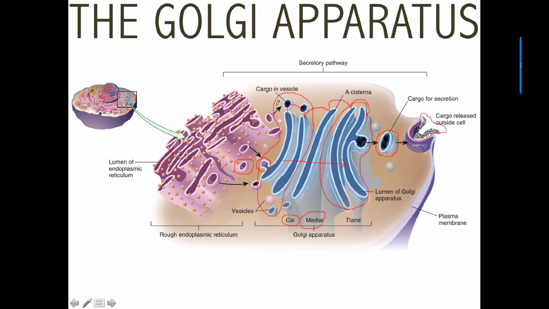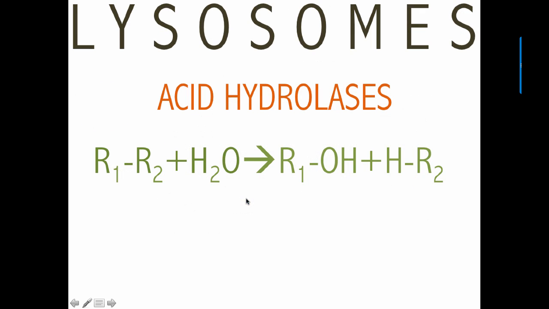Now, not everything that enters the Golgi is destined to be secreted like we're seeing here. Some materials will be packaged into vesicles and kept inside the cell. Other vesicles will leave the endoplasmic reticulum and never go to the Golgi. They may become something like a peroxisome, for example. Some of the vesicles which leave the Golgi but don't exit the cell end up being structures called lysosomes.